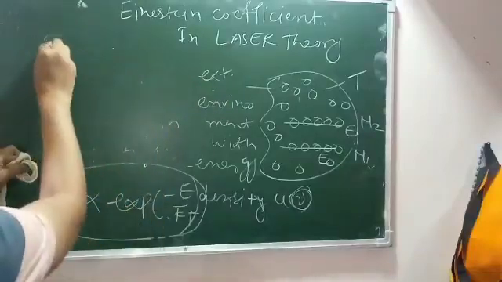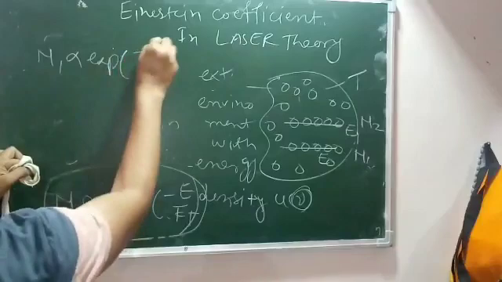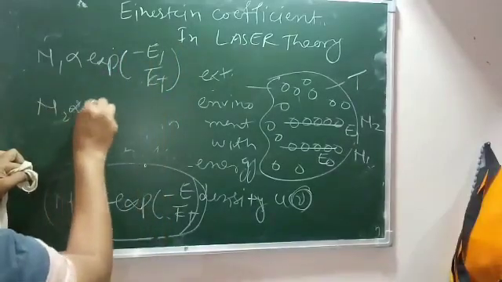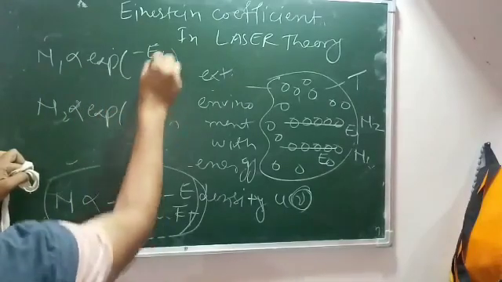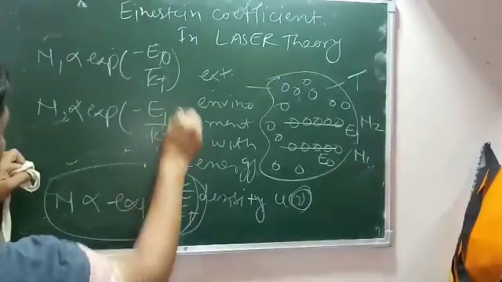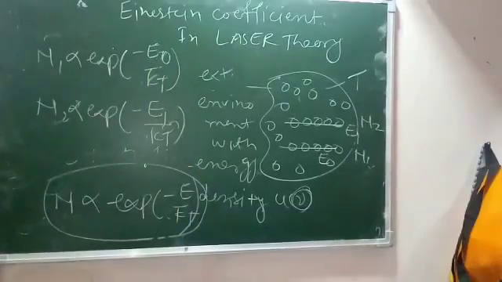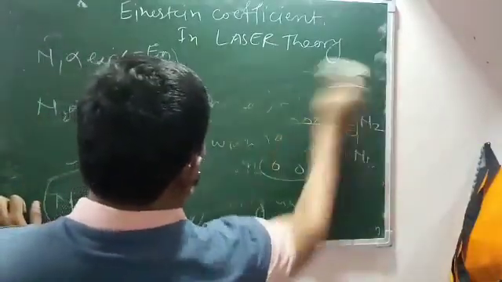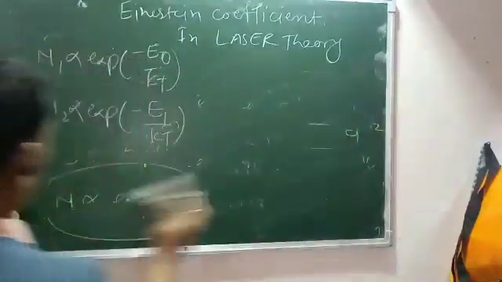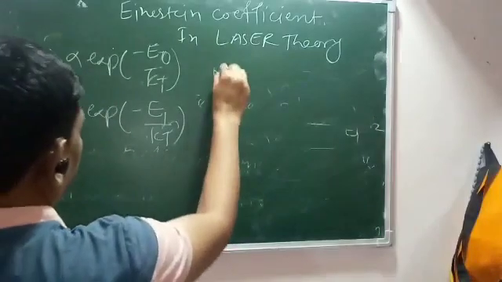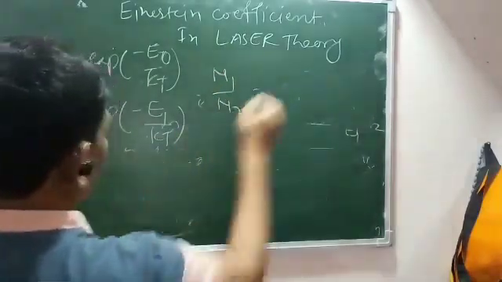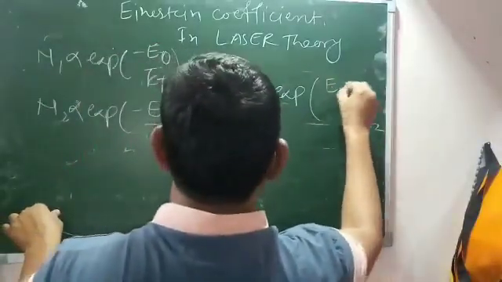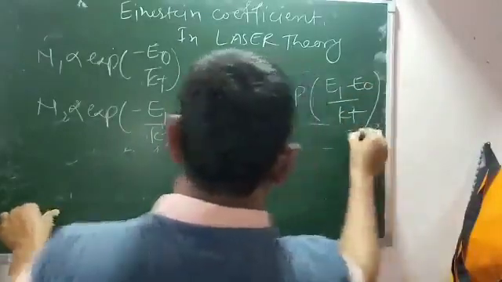N1 proportional to exponential of minus E0 by kT and N2 proportional to exponential of minus E1 by kT, and the ratio of these can be written as N1 by N2 equal to exponential of (E1 minus E0) upon kT.